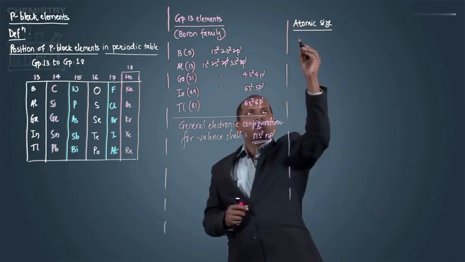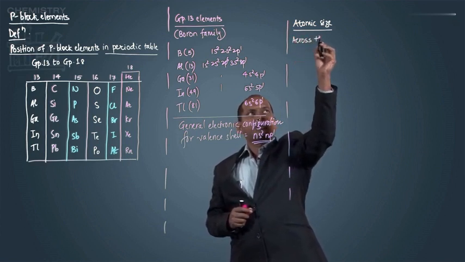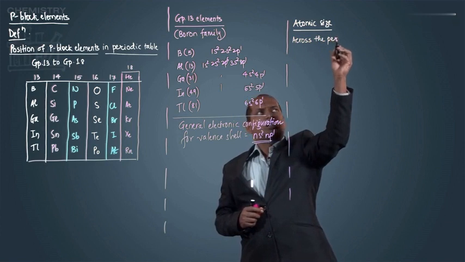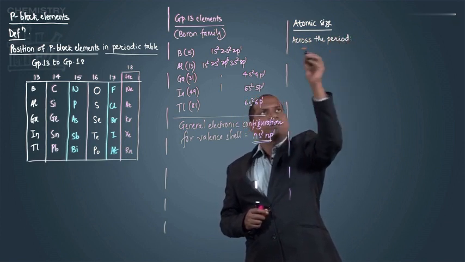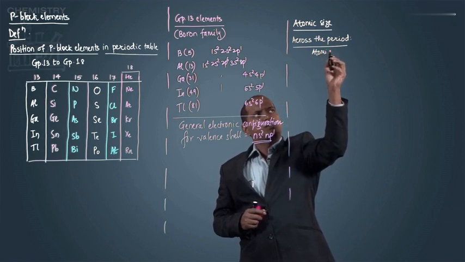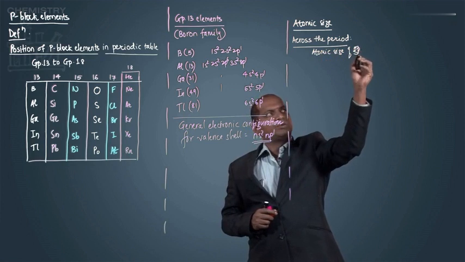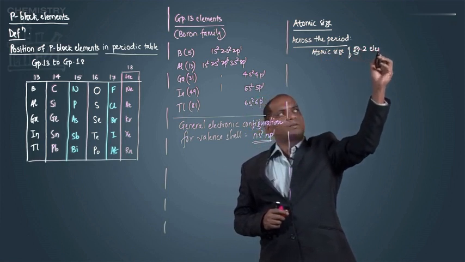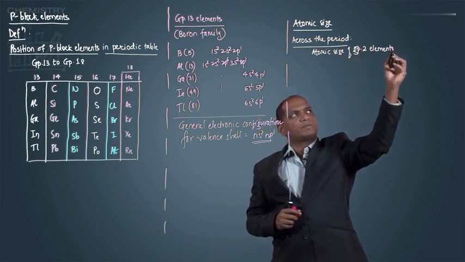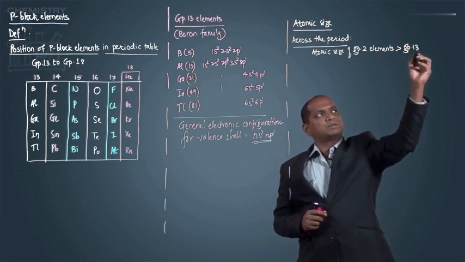Therefore, across the period, the atomic size of group 2 elements is greater than group 13 elements.